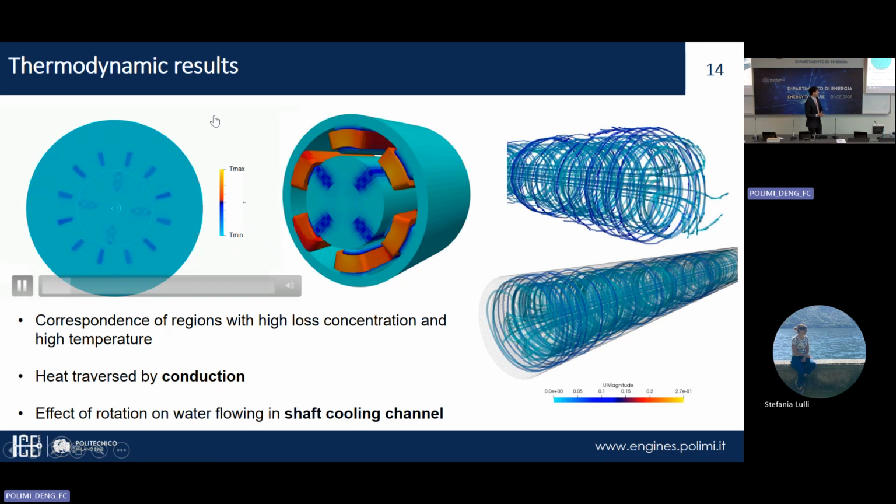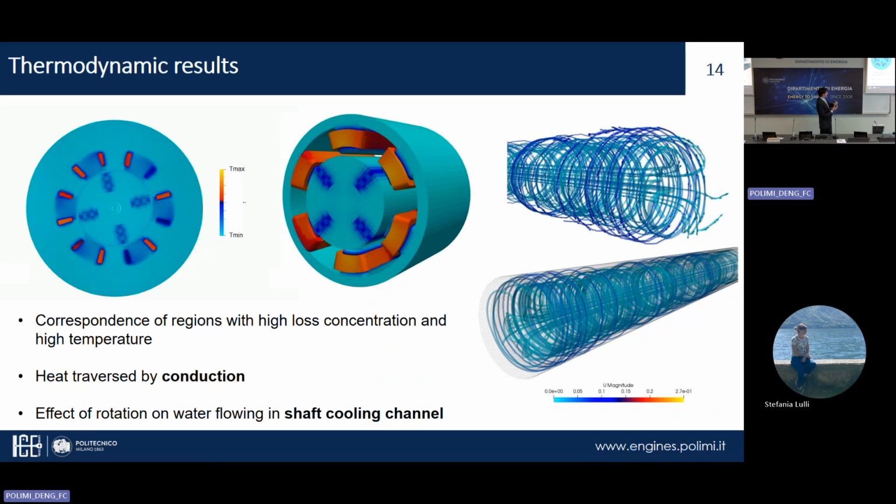Then here is the effect on the temperature field. This is the effect on the temperature, and we see that the windings are heating up, and then also heating up the rotor, which is cooled down by the U-shaped pipe that we have inside here.